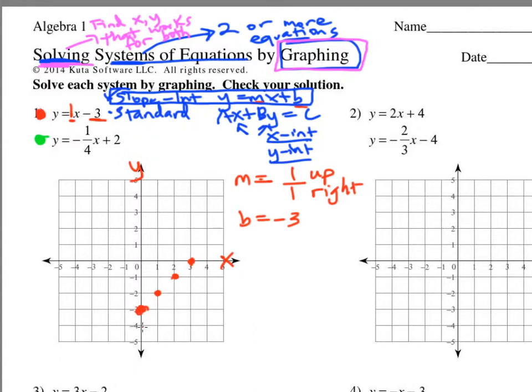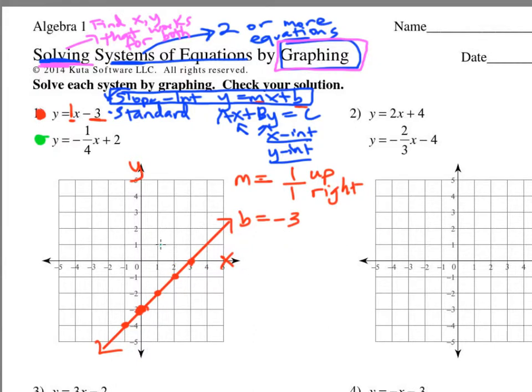Don't forget you can also go down 1, left 1, dot. Down 1, left 1, dot. But in either case, take out your ruler or your straight edge and go ahead and make a straight line through these guys. And don't forget to draw your arrows to show it goes on forever in those two directions.